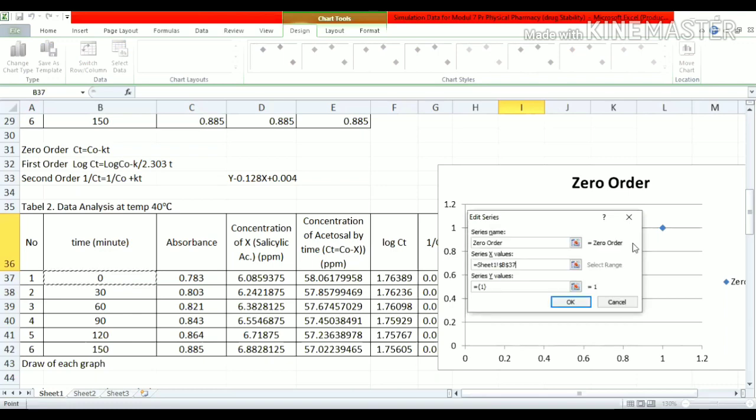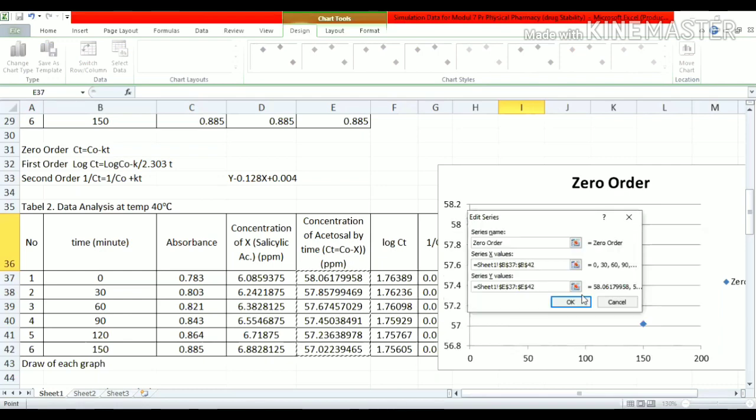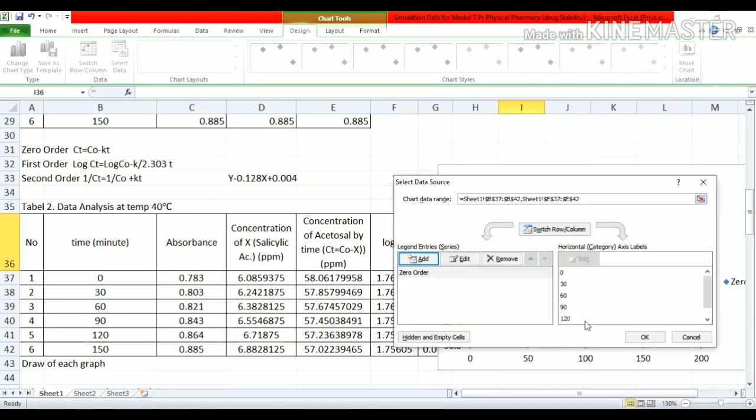So now we have the graph of T versus concentration by time. To see the linearity, we can add a trend line on the graph, and just display the linear equation and show the R square to know the linearity.